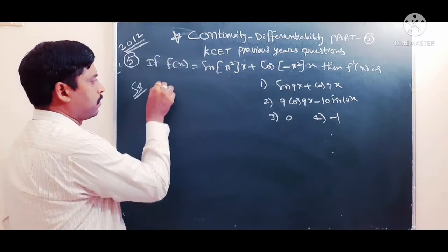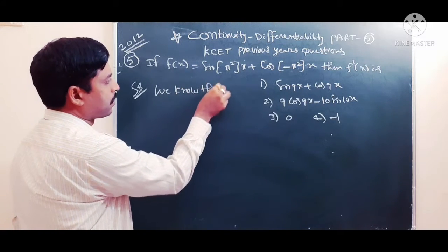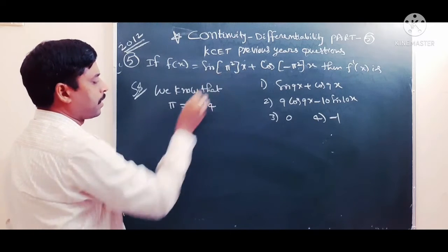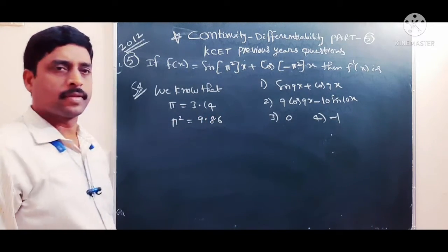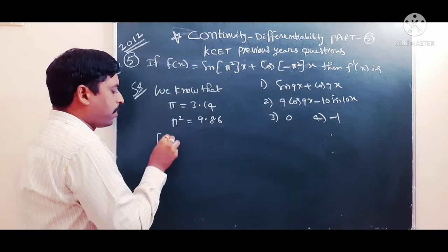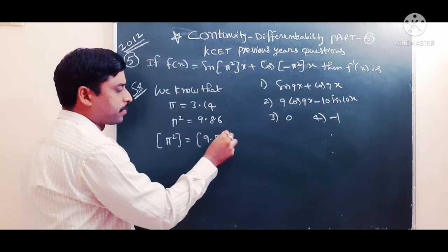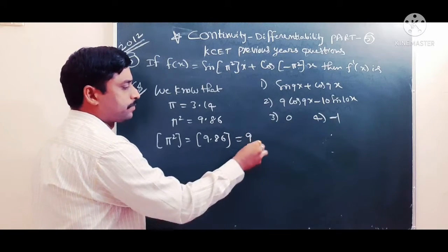Okay, we know that pi value is 3.14, pi square value is 9.86, 3.14 whole square. Now we have to find the integral part of pi square. This will be 9.86. Integral part of 9.86 will be 9.